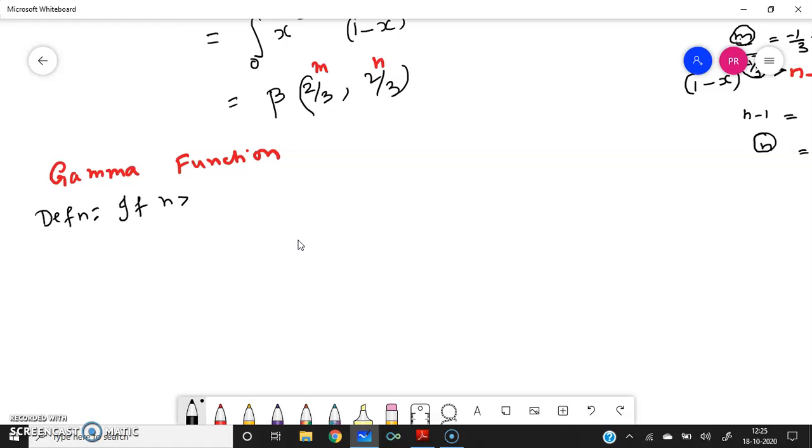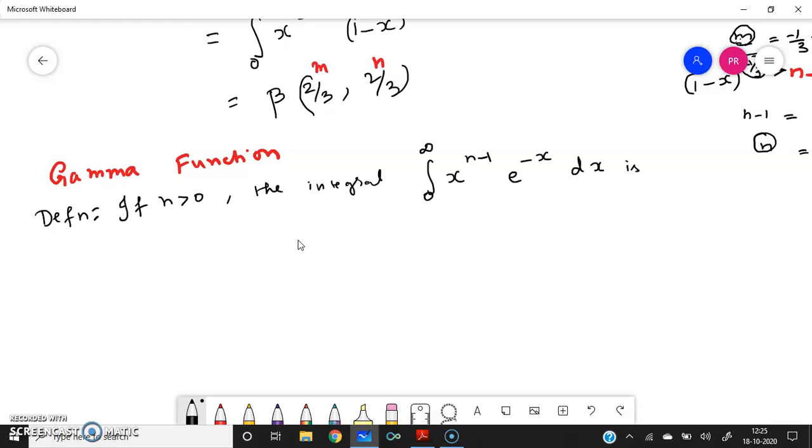If n is greater than 0, the integral 0 to infinity, since beta is 0 to 1, no? Gamma is 0 to infinity, and it is also given that n is greater than 0, of x to the power of n minus 1, e to the power of minus x, dx.